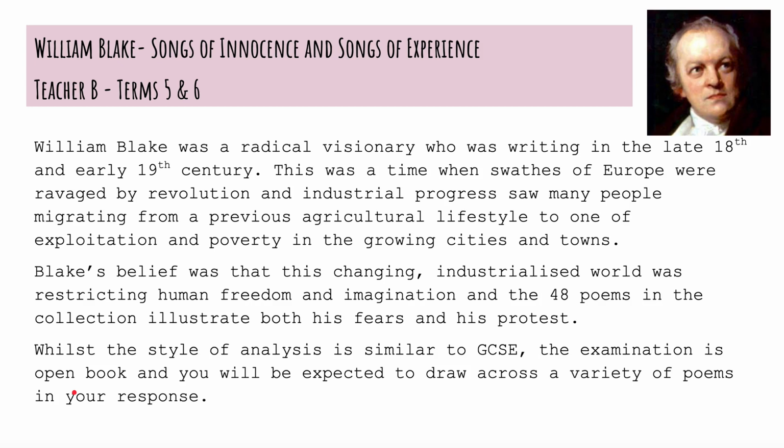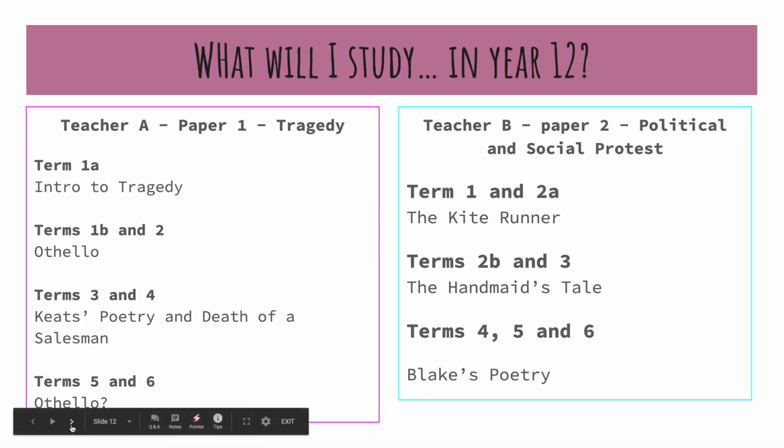Blake's belief was that this changing industrialised world was restricting human freedom and imagination, and the 48 poems in the collection illustrate both his fears and his protest. Whilst the style of analysis is similar to GCSE, the examination is open book and you'll be expected to draw across a variety of poems in your response.